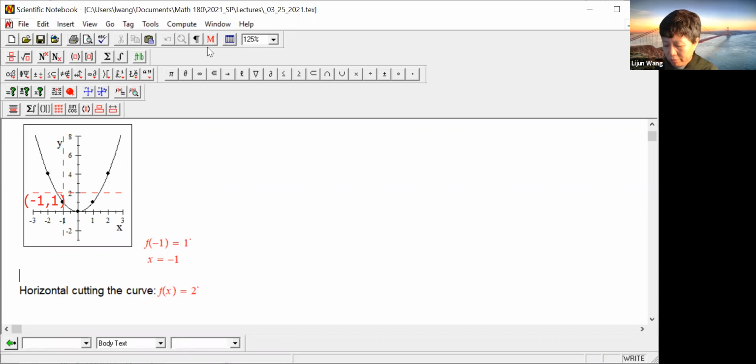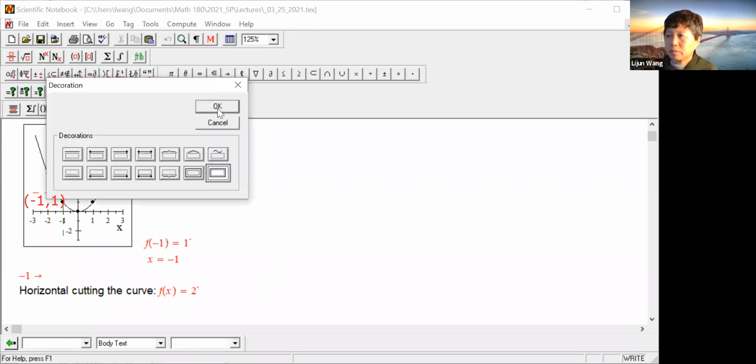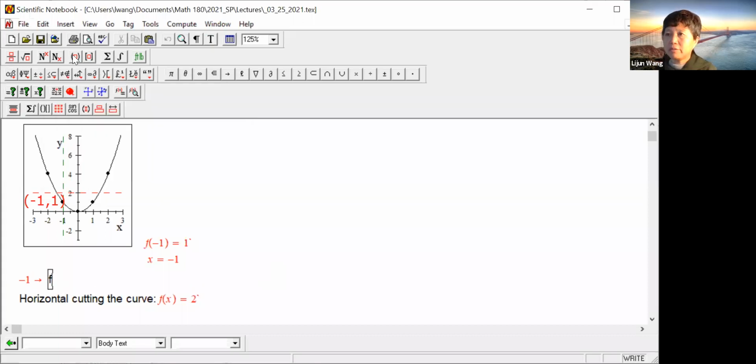Basically you give the input -1 to the function f of x equals x squared, and you're going to get an output, which is -1 squared. Give same function. And geometrically, that's a vertical cutting.